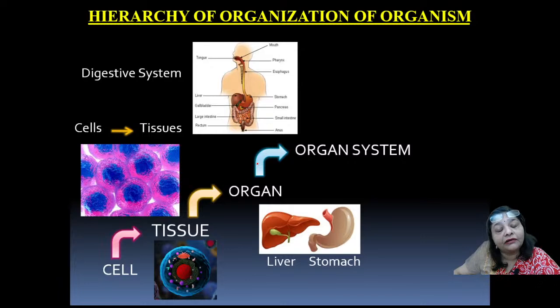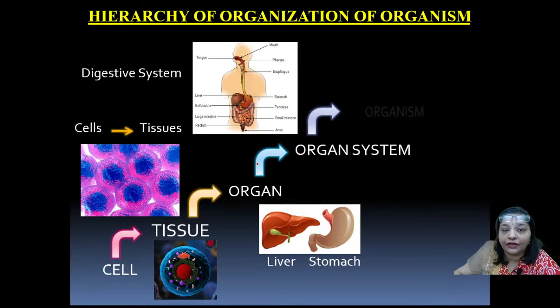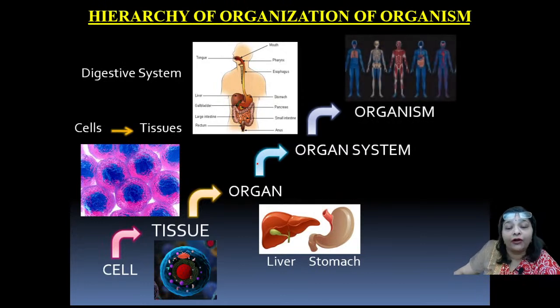Such systems are found inside a body cavity. They are arranged and synchronize together, doing their own function as well as helping others, where you can see the division of labor amongst these organ systems, and thus different organ systems together form an organism.